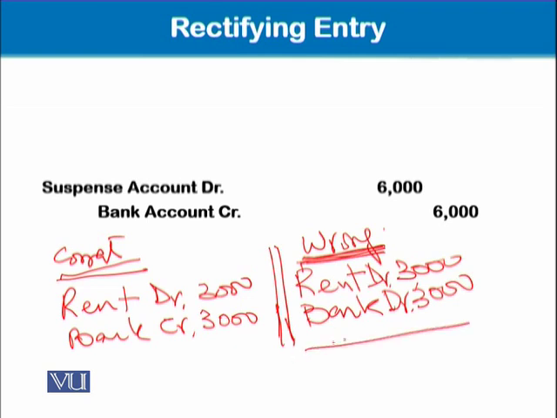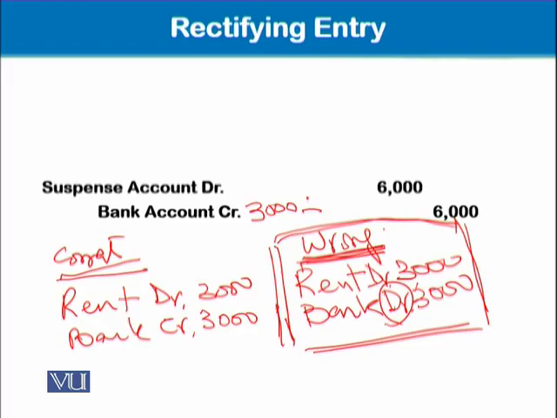So no issues. When you, being expert accountant, will look into it, you will say, oh, there is an issue, and the issue is that bank account was supposed to be credited. So now you will credit bank account with 3,000 plus 3,000. Why double?